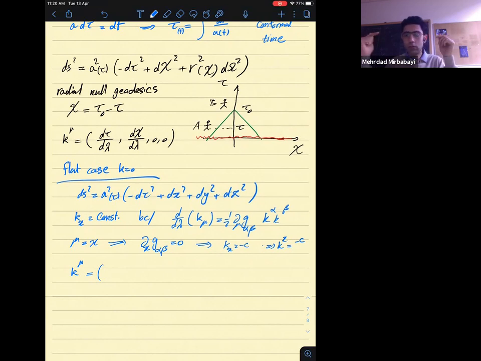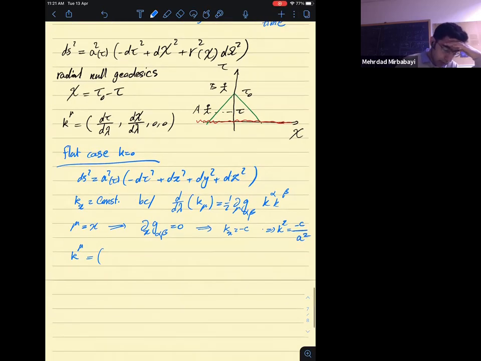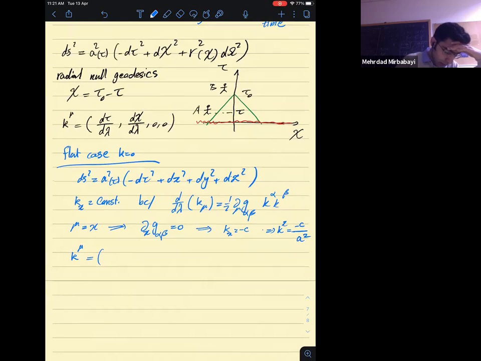So it's actually moving from larger values of x towards 0, if I imagine that I am sitting at the origin. So that's why I take this to be negative. So kx with upper components would be minus c divided by a squared. And then since this is a null vector, the full k mu vector will be c over a squared, minus c over a squared, 0, 0. Any question about this?